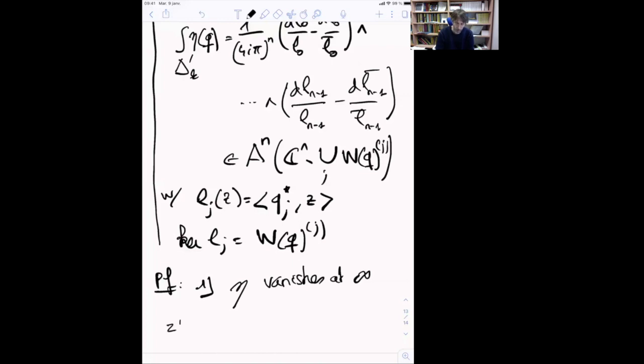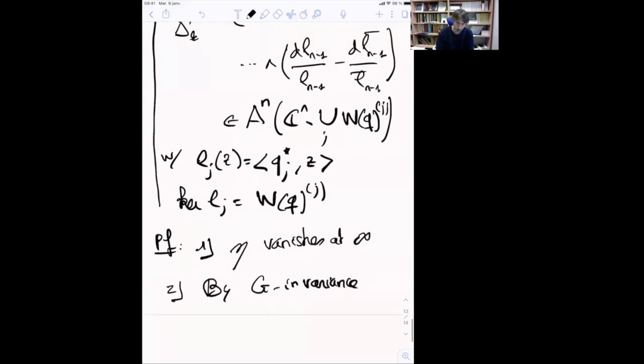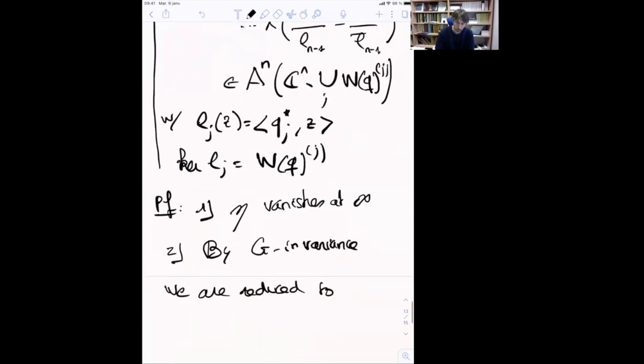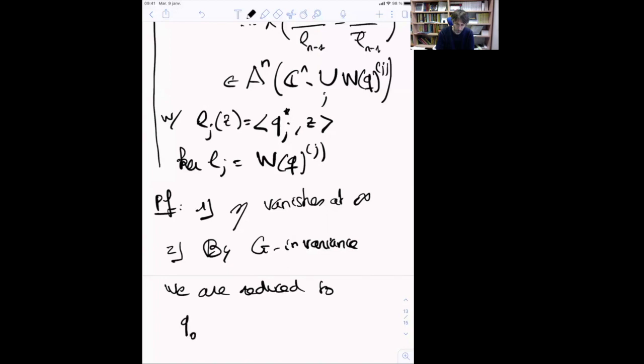And in the second part, we can reduce by using the G invariance to the case where Q0 to Qn minus 1 is just the standard basis, E1, En.